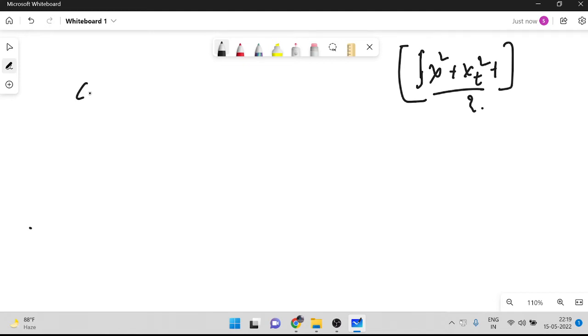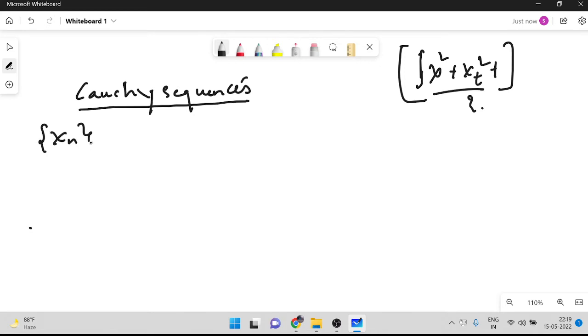Okay, now we go to the next concept, Cauchy sequences. So a sequence xn is said to be Cauchy.